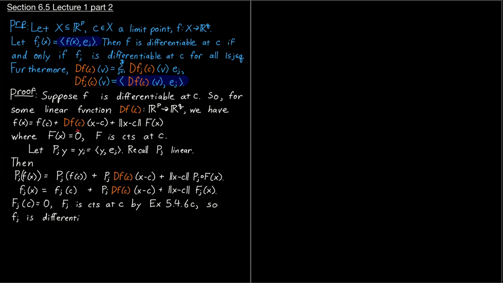It is differentiable at c, because fj of x is fj of c plus a linear function dfj of c, equaling Pj composed with df of c, evaluated at x minus c, and then the norm of x minus c times a function, big Fj, which is 0 at c and also continuous at c.